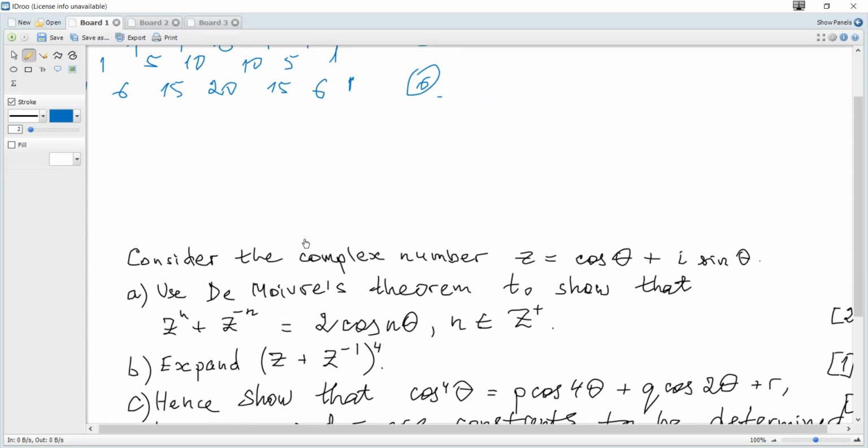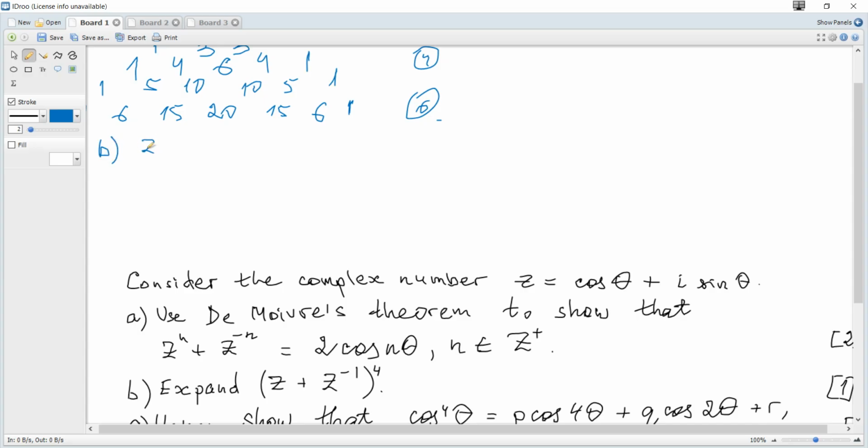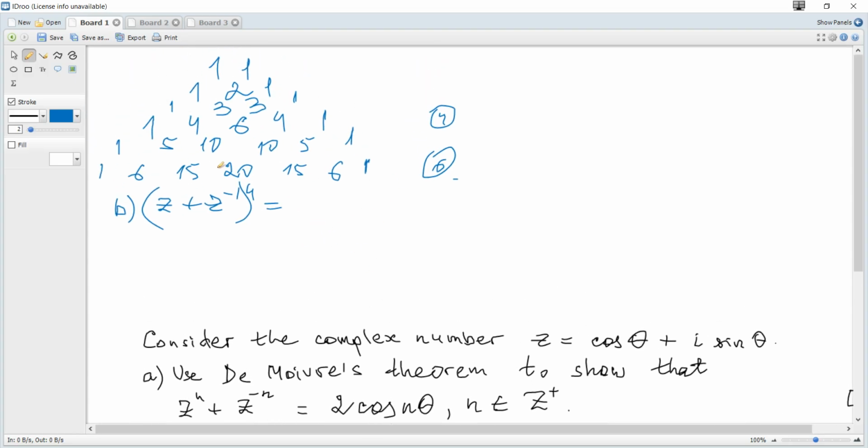So (z plus z to negative 1) to the power of 4 becomes coefficients. Actually, you may use combinations instead of Pascal's triangle. It doesn't matter.